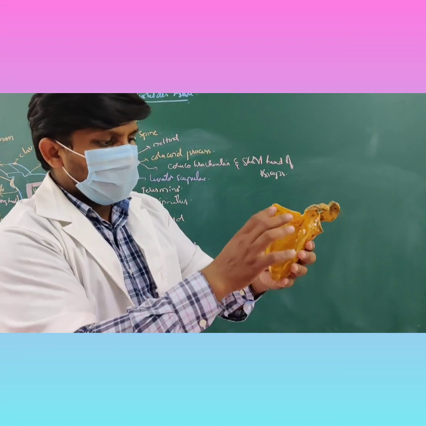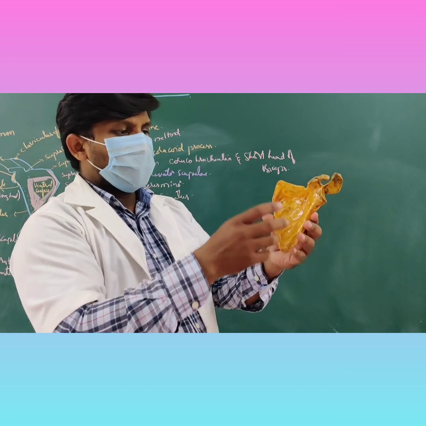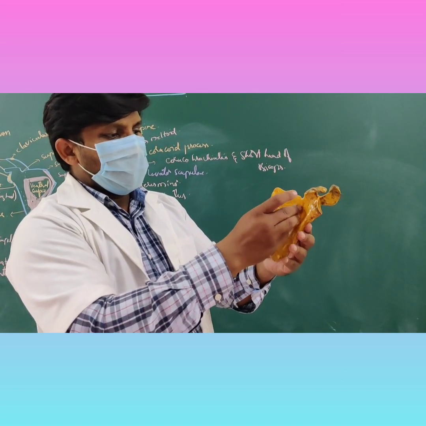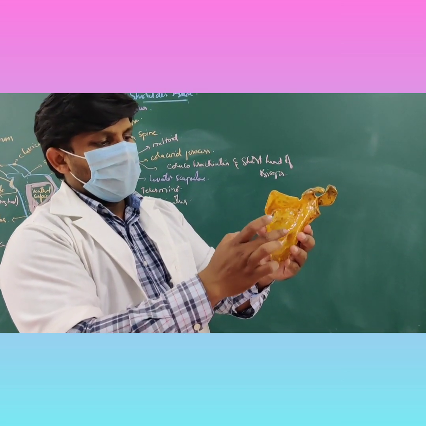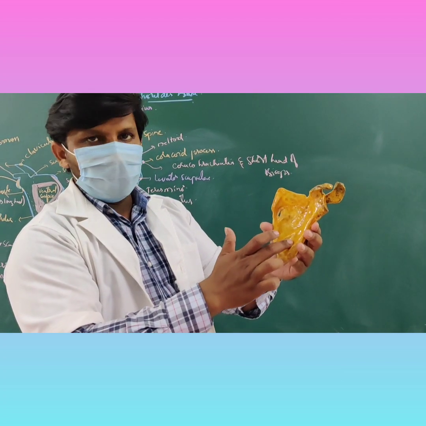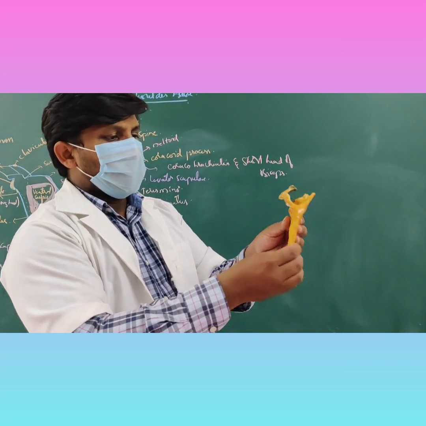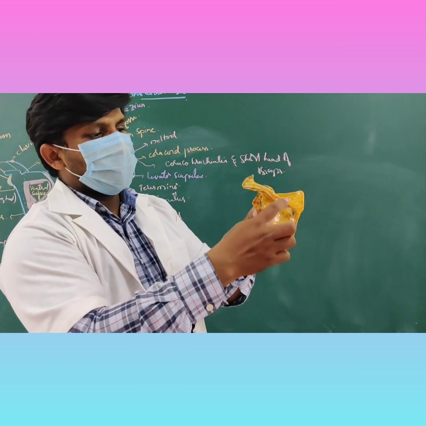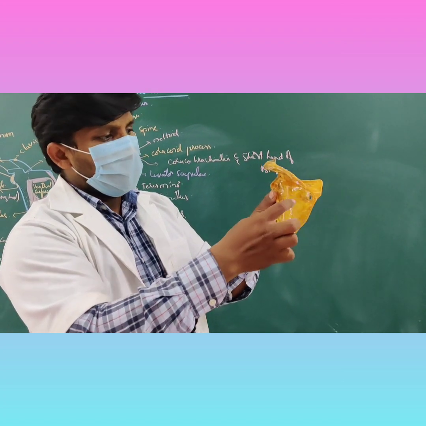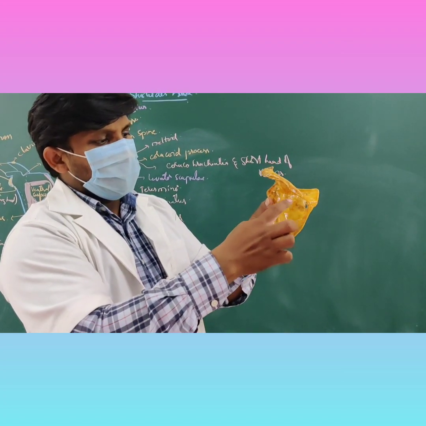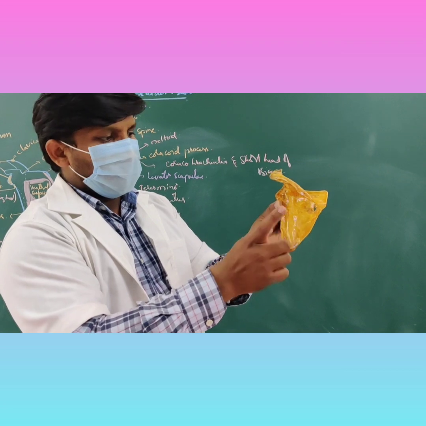Then there are fossae, which are the depressions of the scapula. We have one, this is the subscapular fossa, on the ventral surface. Then on the dorsal aspect, above the spinous process, we have the supraspinous fossa. Below the spinous process, we have the infraspinous fossa.